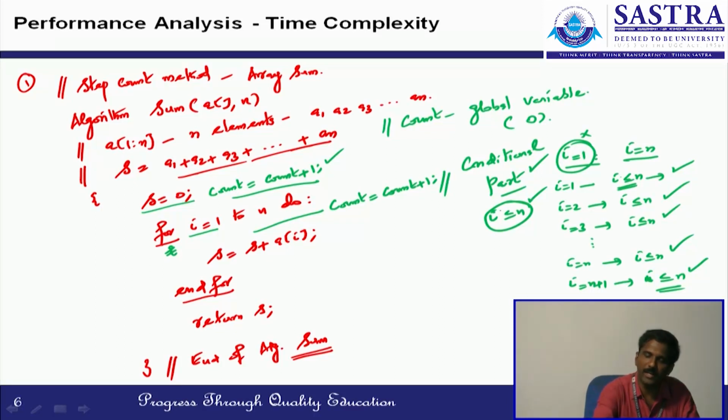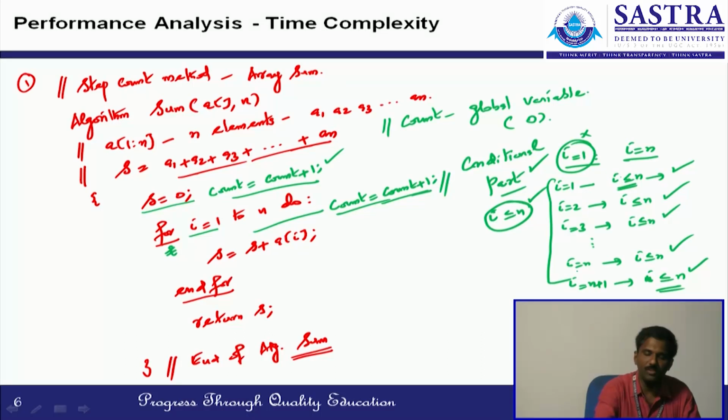Checking the conditional part I less than or equal to n is taken as one step per execution, hence the associated count is introduced here as the first statement of the for: count is equal to count plus 1. This counts the conditional tests for I is equal to 1, I is equal to 2, I is equal to 3, etc., up to I is equal to n.